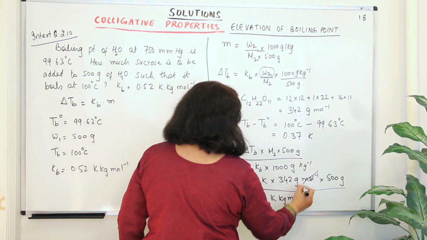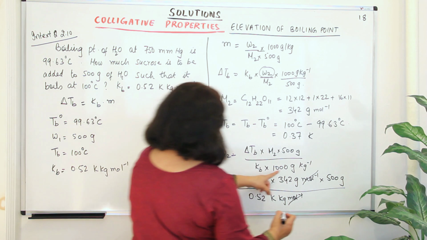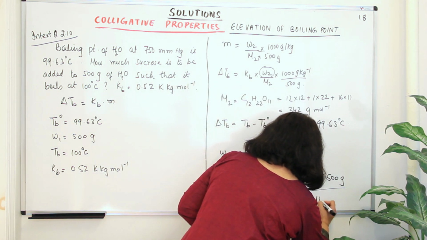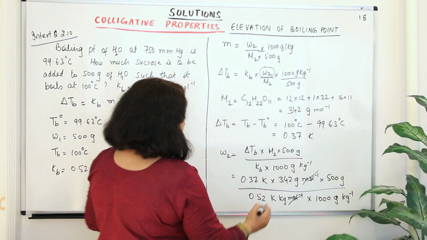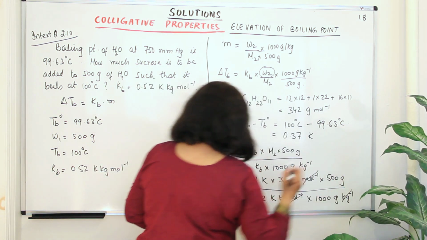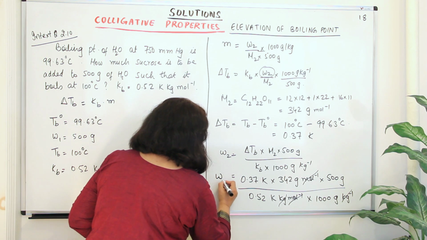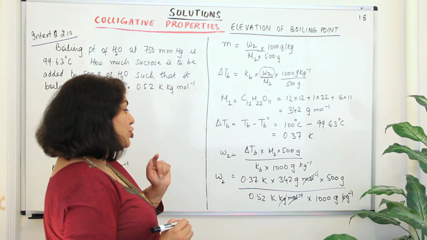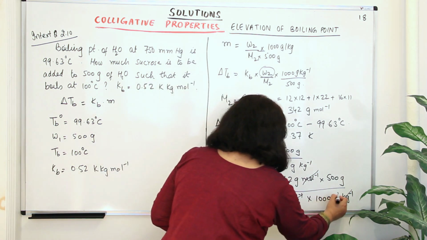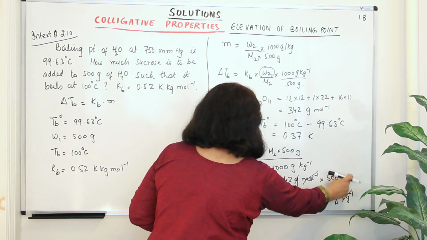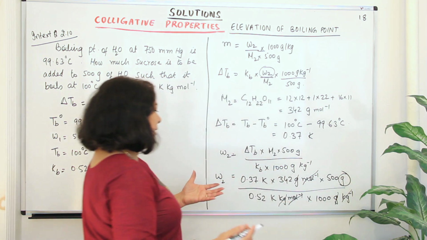So the per mole gets cancelled. Wait, first let us write this into 1000 grams per kg. The kg and per kg get cancelled. Since you're looking for weight, the mass, your answer should come in grams. All other units should go away. The gram and 1 gram go away, you're left with just this gram, and that's the right unit.